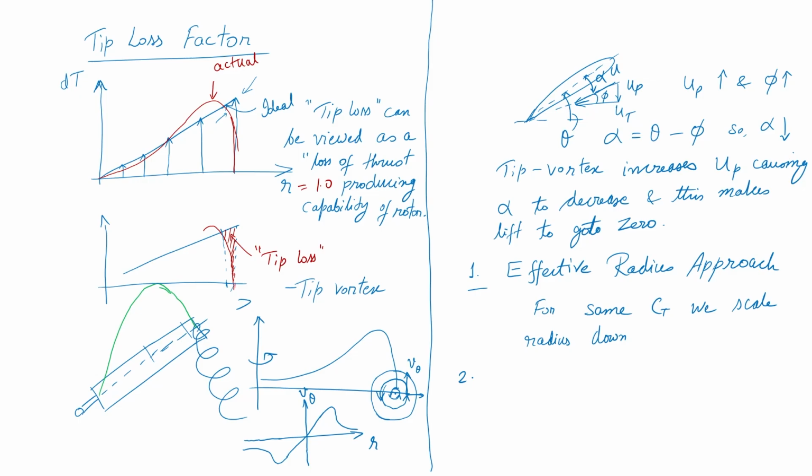The second approach is by Prandtl, called Prandtl's tip loss function.